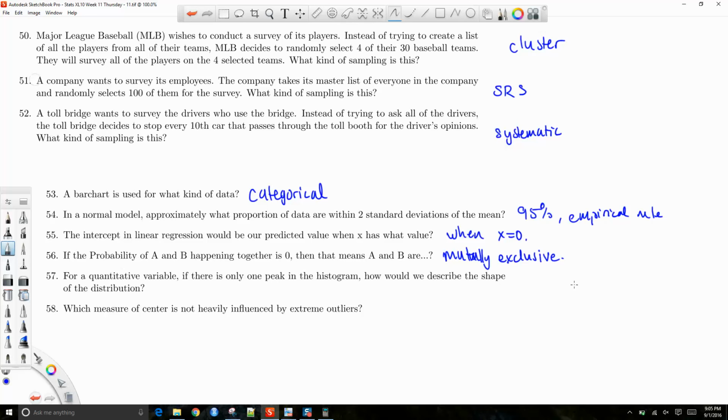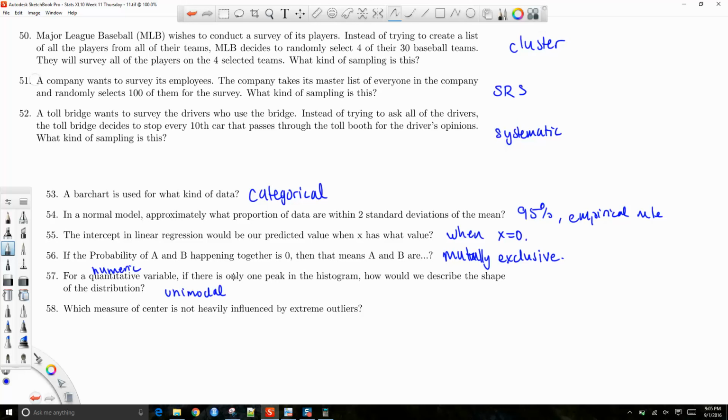Okay, quantitative is another way of saying numeric variable. For a numeric variable, if there's only one peak in the histogram, how do we describe the shape? Unimodal, okay. What does it mean to be symmetric?